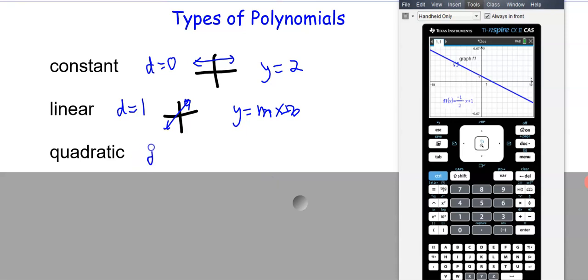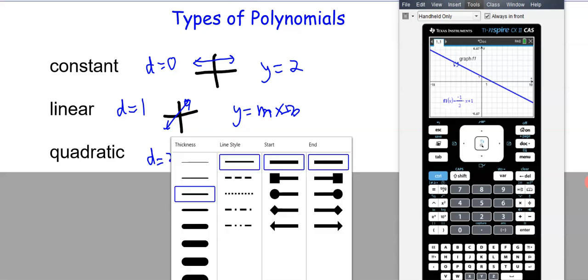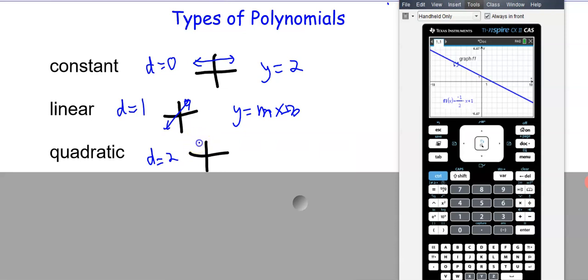So quadratic has degree 2. If you look at a quadratic graph, you've probably seen enough of those this year to know that this is going to be some type of parabola. You're going to have something like y equals x squared plus 2x plus 1.